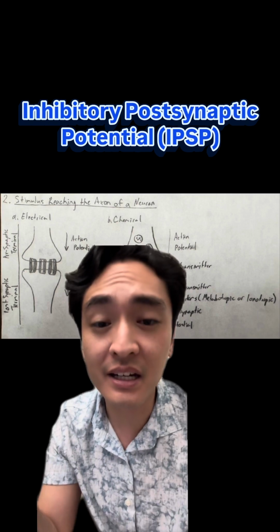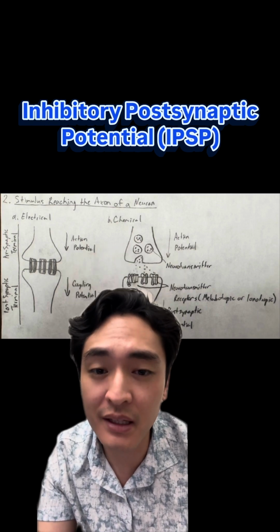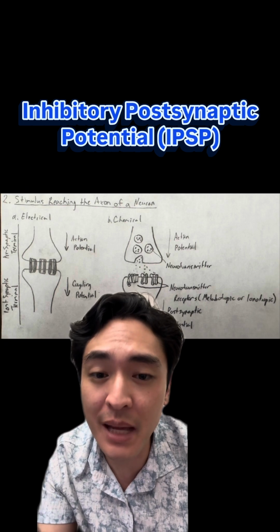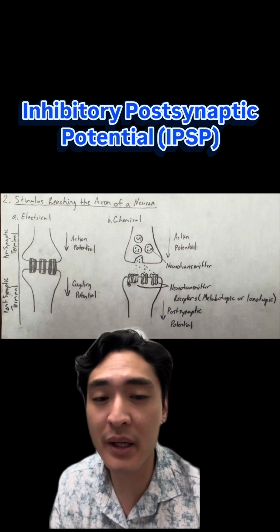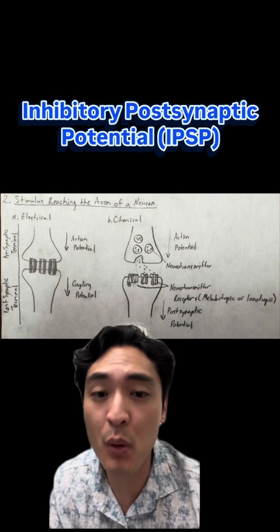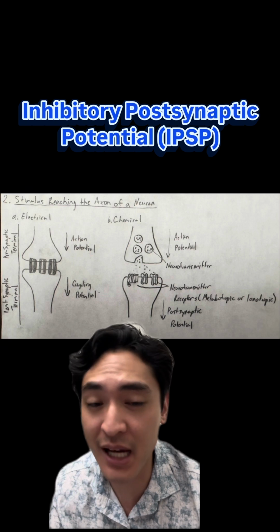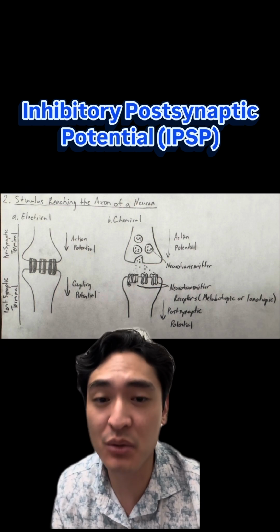On the other hand, an inhibitory postsynaptic potential occurs when chloride ion channels open, and the likelihood of that postsynaptic neuron firing an action potential becomes less likely. This occurs because chloride ions are negatively charged, and when they rush into the neuron, it becomes more negatively charged, to the point that it's actually hyperpolarized, and that causes it to be less likely that an action potential will fire.